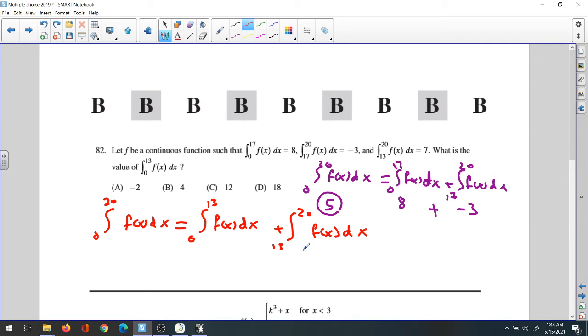We know that, which is 7. We don't know this, we need it here. And we know from 0 to 20, we just got it, which is 5. So 5 equals a number plus 7. This number is -2. So the answer for this is A. That's question 82.